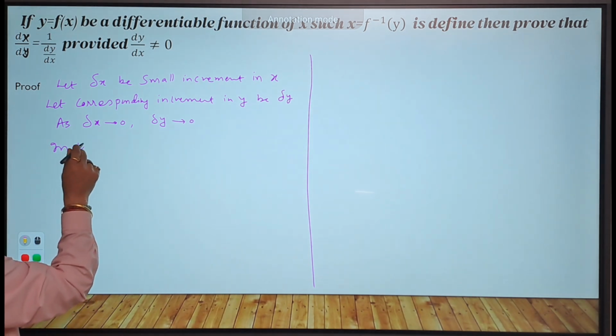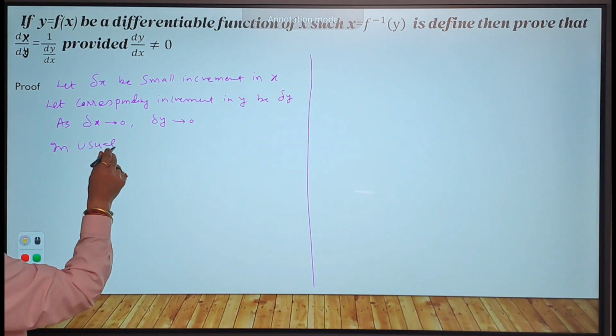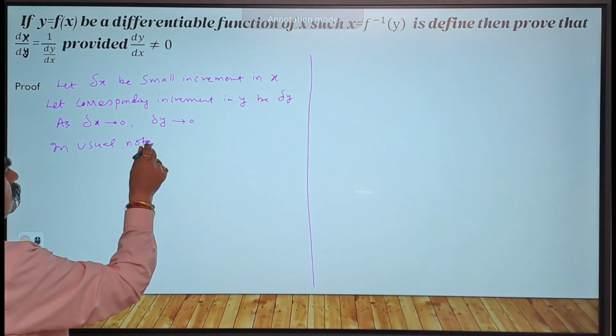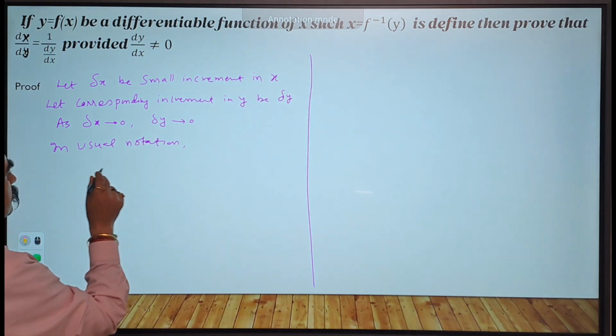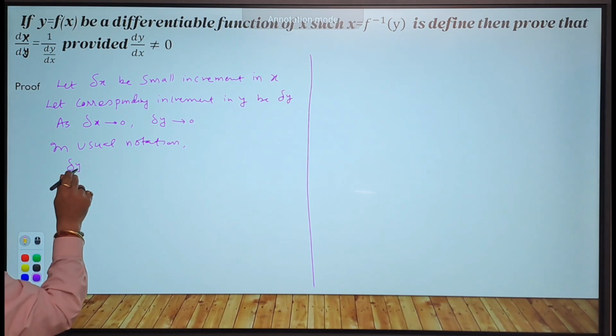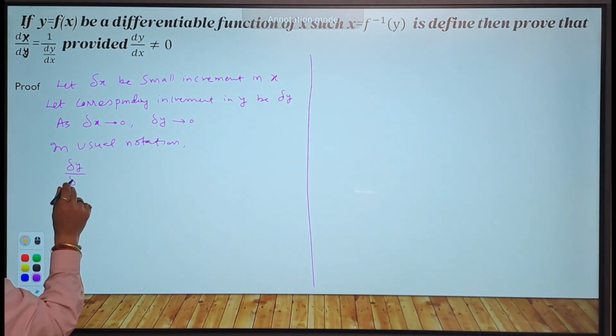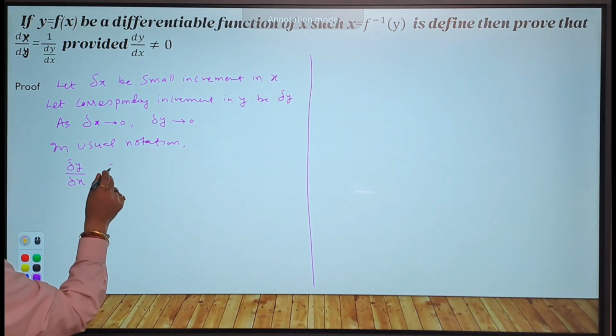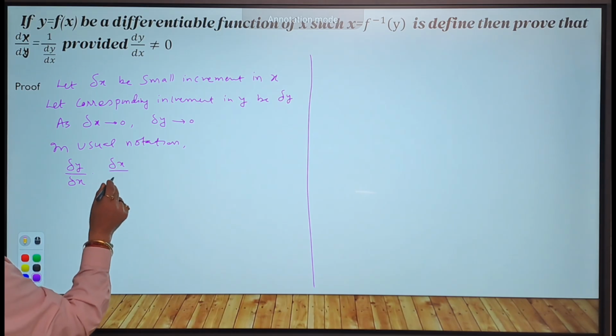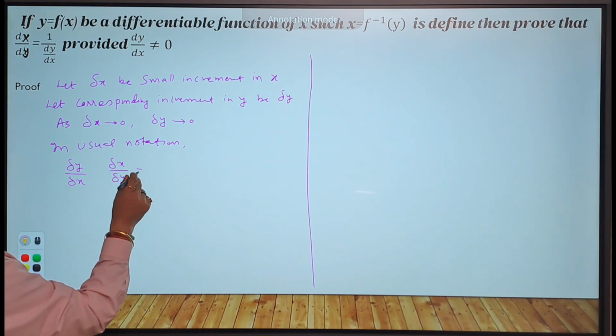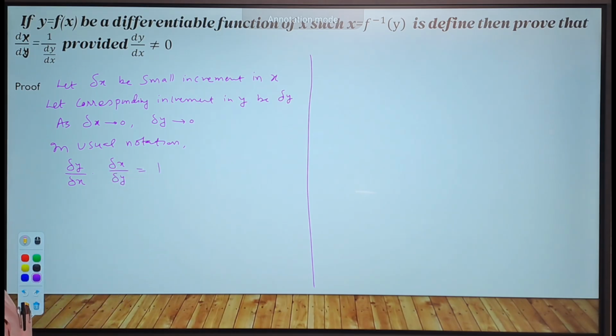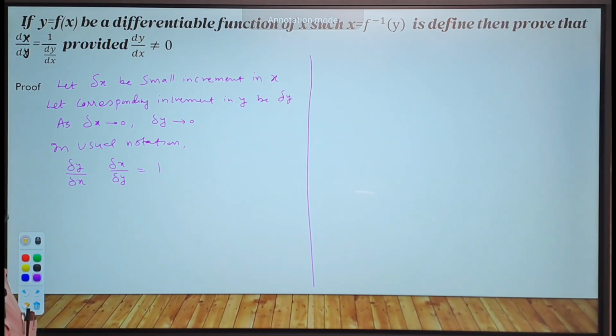In usual notation, delta y by delta x into delta x by delta y is 1. Here delta x, delta y are increments.